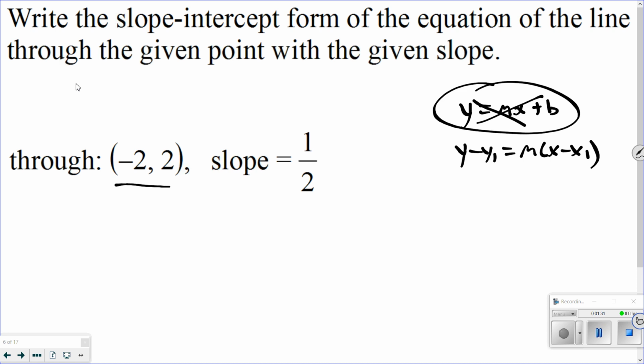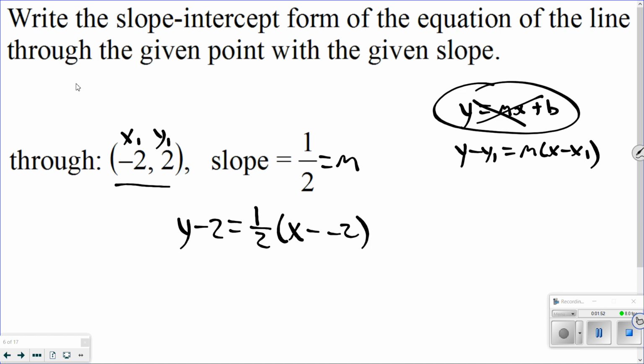So I know what m is, I know the slope, and this is my point, so it's my x1, y1. We're going to plug that in the formula. So I'm going to go y minus my y-coordinate equals the slope times x minus my x-coordinate. And my x-coordinate is -2.